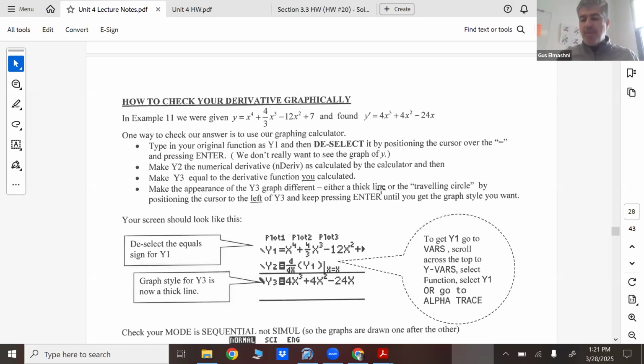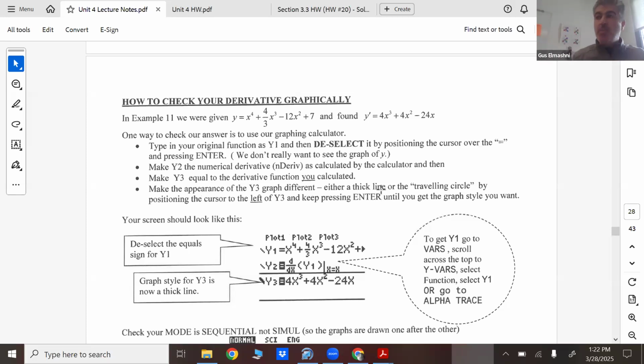You could change the graphing style with a thicker curve for y3. So y3 should trace y2. If y3 does not trace y2, and looks totally different, then you know you've done something wrong.